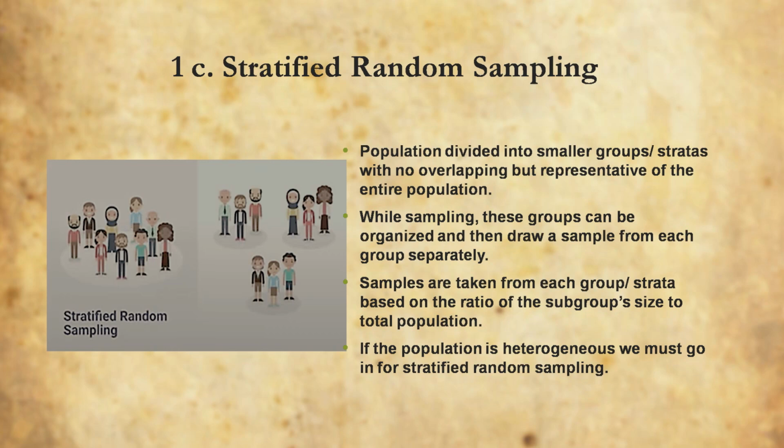If the population is heterogeneous, we must go in for stratified random sampling. Now, to come up with an example, say I'm trying to understand the opinion about online education among students. The students can be categorized as middle school students, high school students, college going students and university going students.